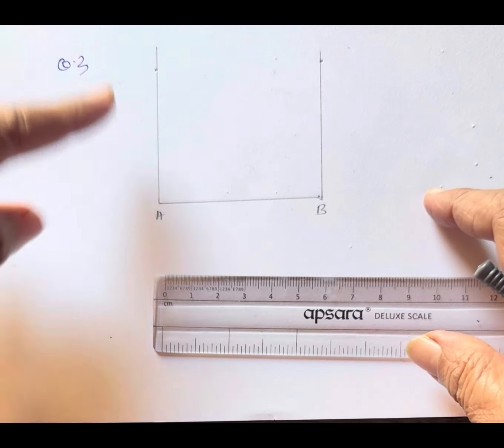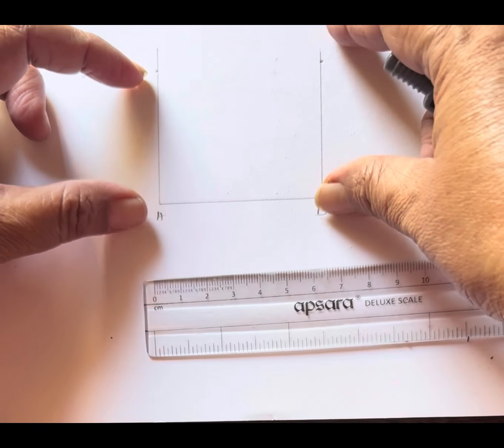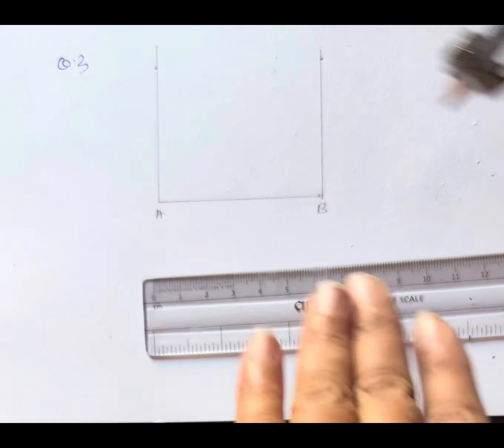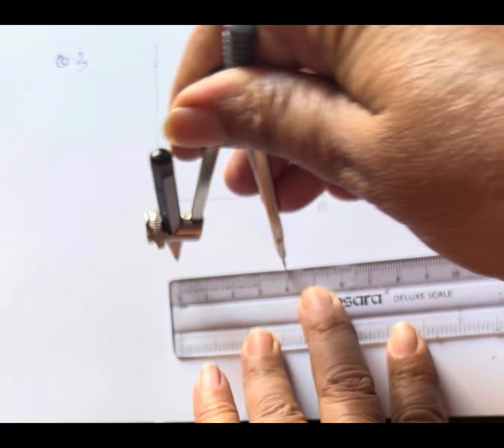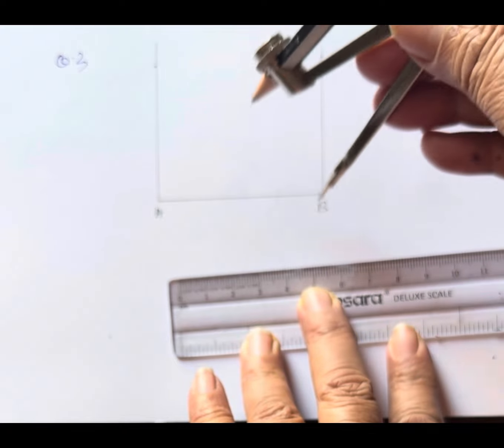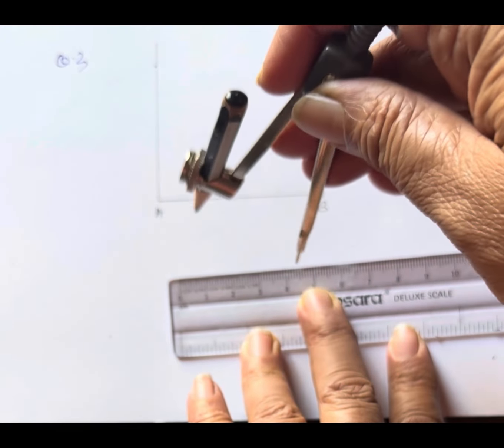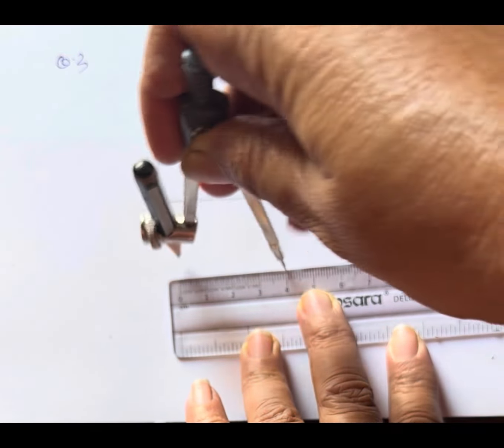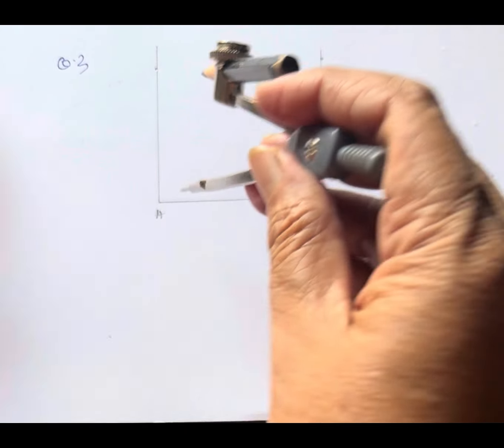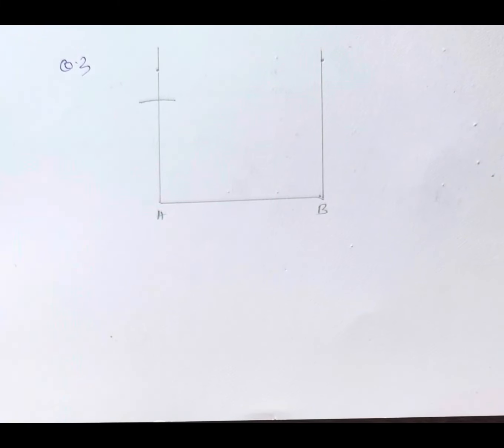So what do we do? We take this as 4 centimeter, we take this as 6 centimeter. So first 6, or you can take 5. Suppose we want these two sides as equal, and so first we measure 4 centimeter, we keep the center here. This is 4 centimeter.